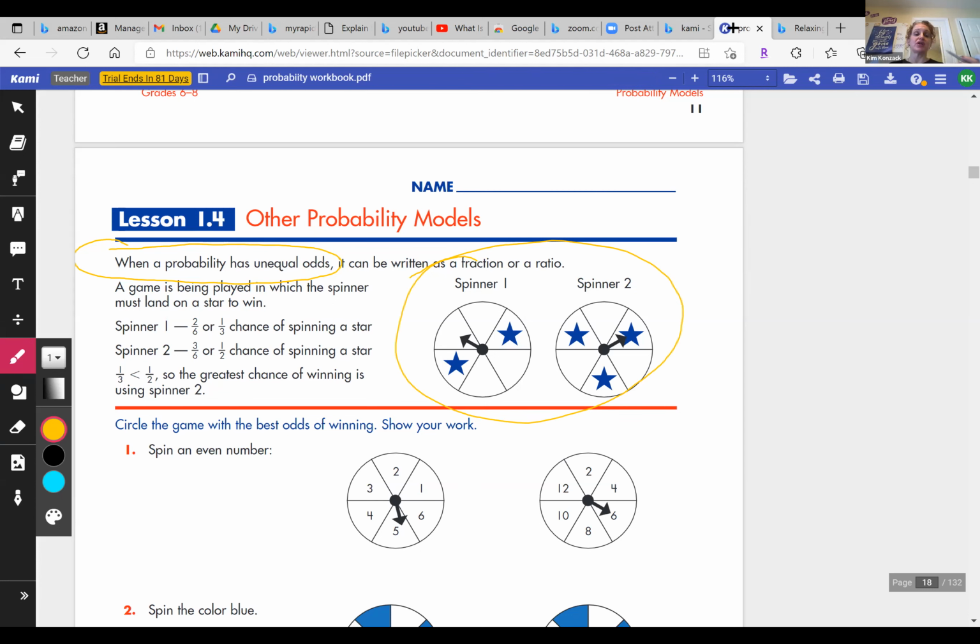You could also think about it as comparing the probabilities, meaning 1/3 is less than a half, so the greatest chance of winning would be with spinner 2. You can also just use common sense with that. But again, you can compare the fractions or the probabilities.